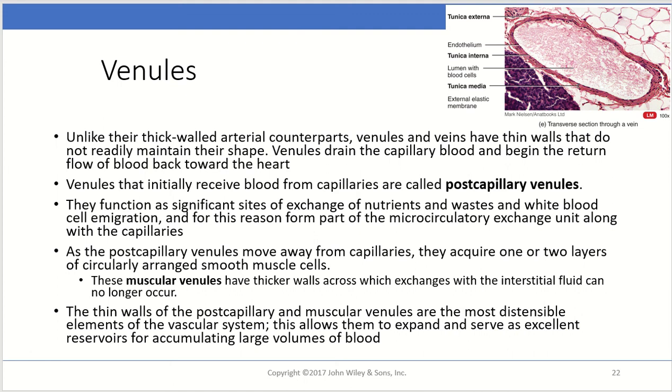The thin walls of our post-capillary and muscular venules are the most distendable element of our entire vascular system, and this allows them to expand and serve as excellent reservoirs for accumulating large volumes of blood.